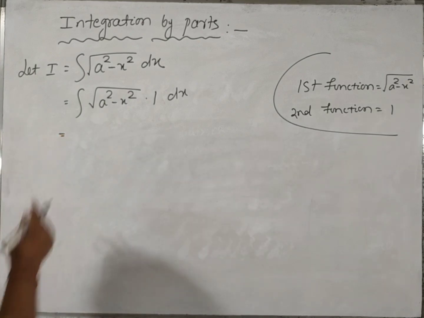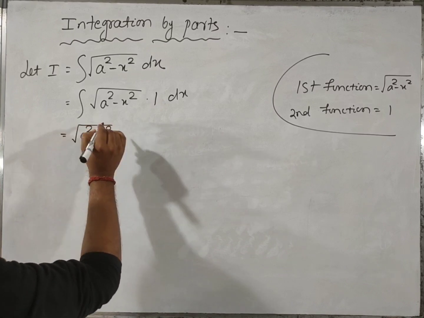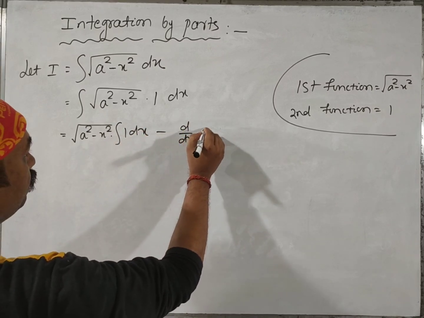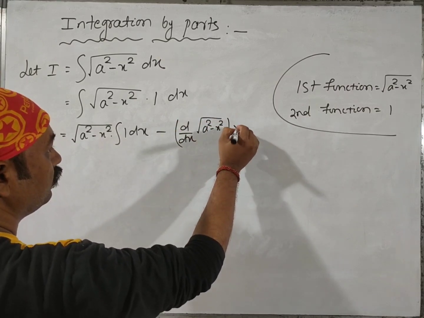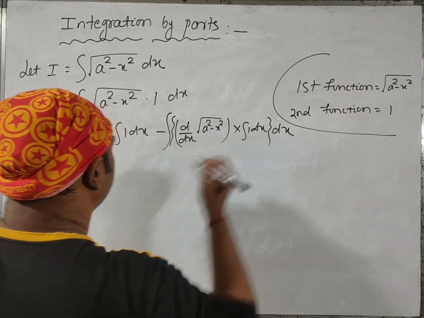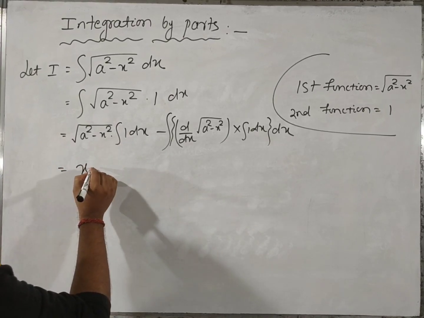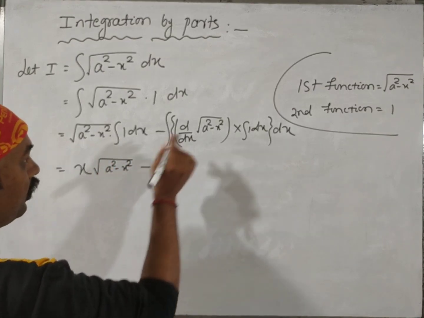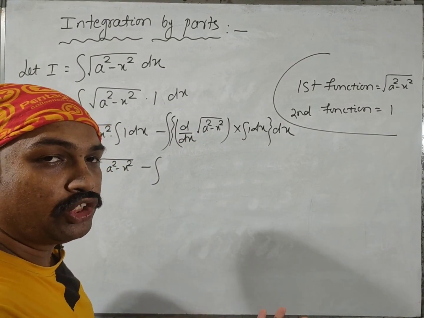Then by applying the integration by parts method, here we have integral of 1 with respect to x, it is x multiplied with square root of a square minus x square minus derivative of square root of a square minus x square, which can be solved by using the chain rule of derivative.